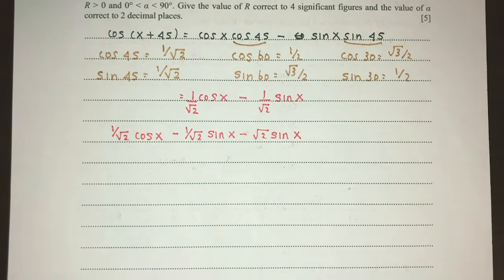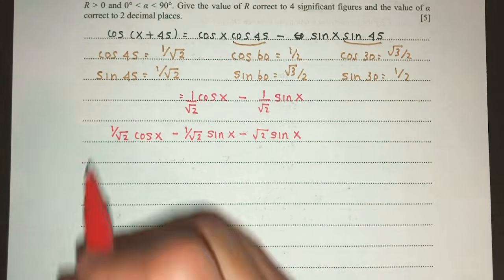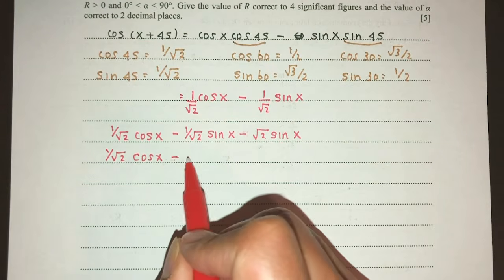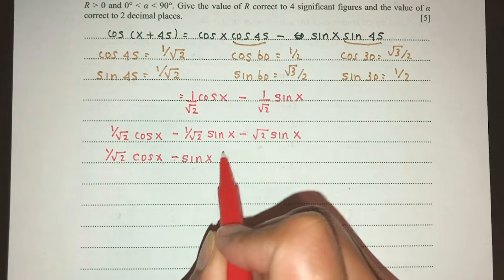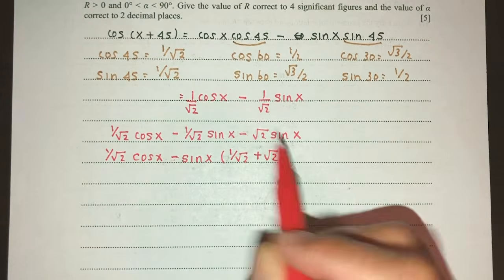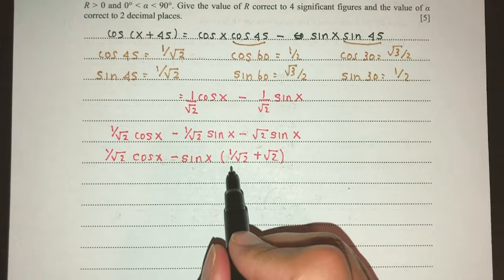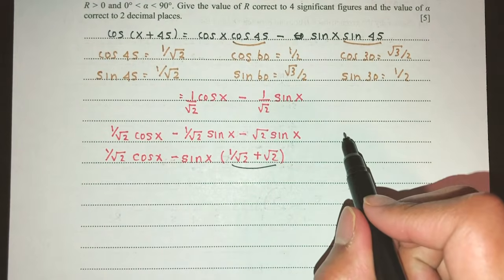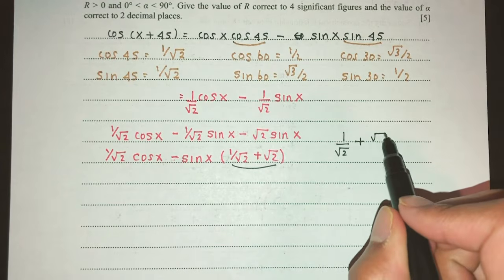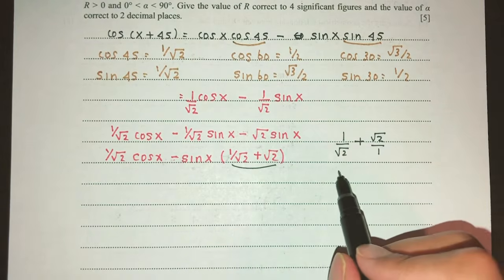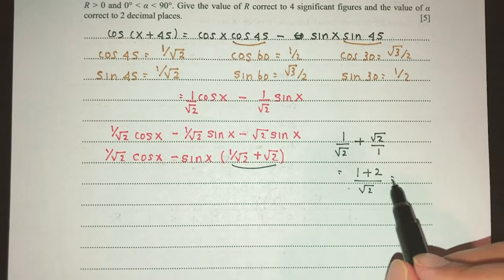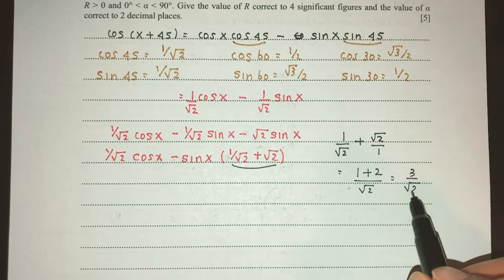So how can we simplify this? If you observe, we can factorize the minus sin x outside. You will have 1 over root 2 plus root 2. Okay, so let's simplify this. So that will be 1 over root 2 plus root 2 over 1, which is equal to 1 plus 2 over root 2. That will be 3 over root 2.